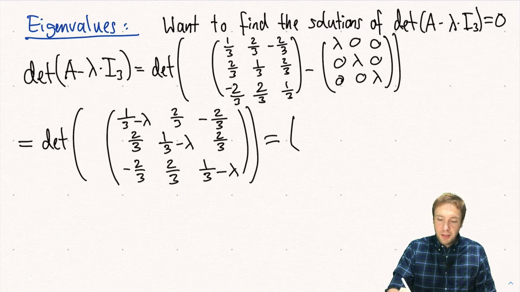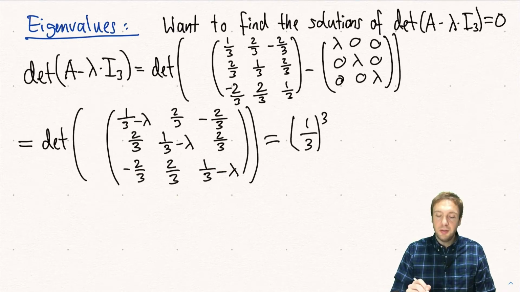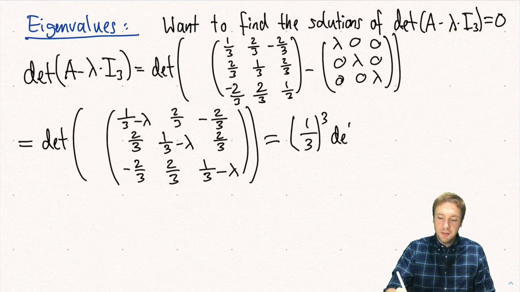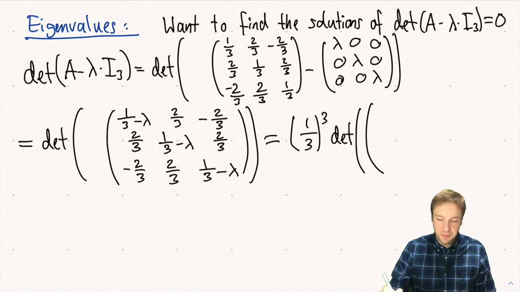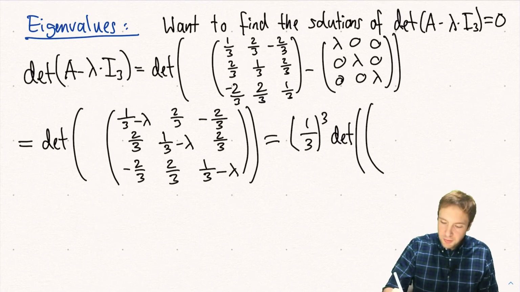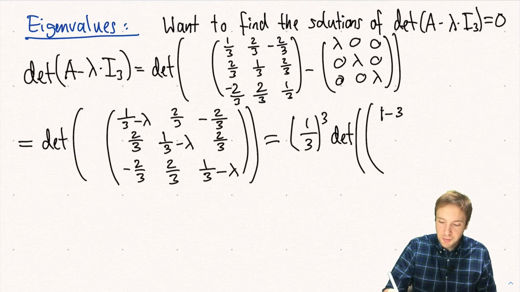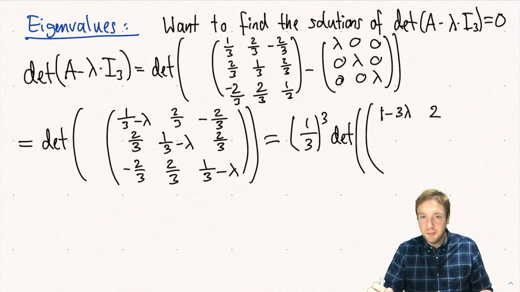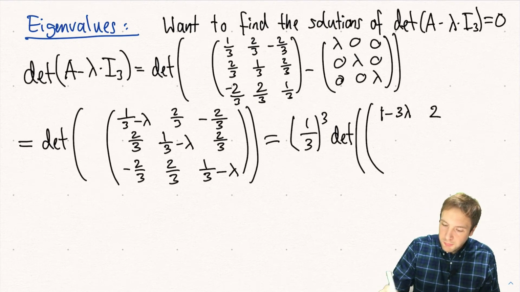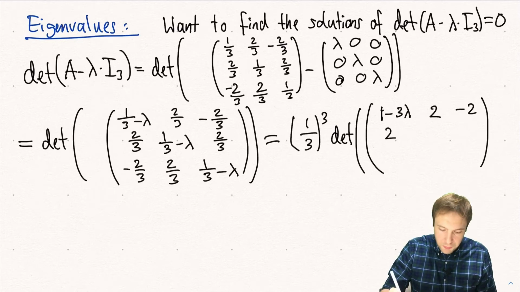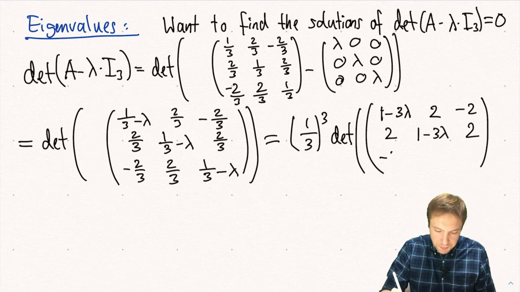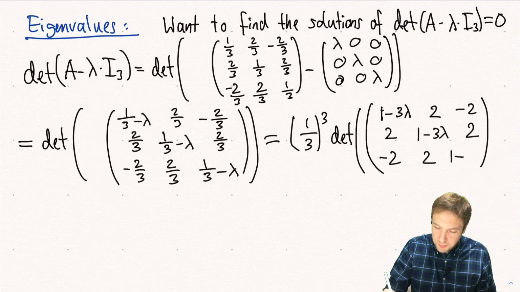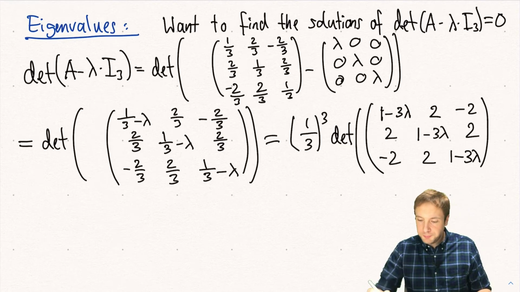So in total, I can factor out 1/3 to the power 3, and get that this is the same as the determinant where I multiply everything by 3. So here it's 1 minus 3 times lambda, it's 2, minus 2, 2, 1 minus 3 times lambda, 2, minus 2, 2, and 1 minus 3 times lambda.